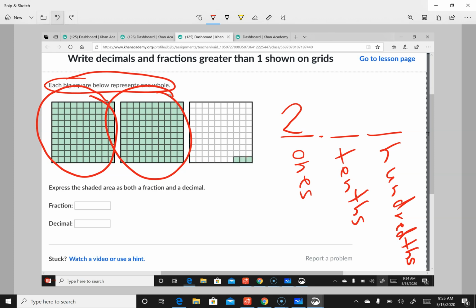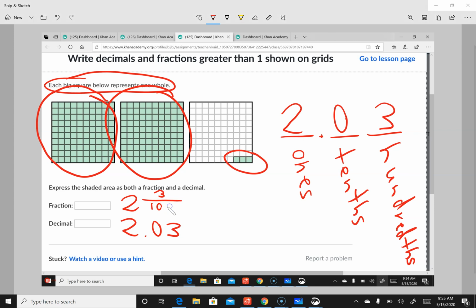So that means we're going to have 0 tenths, and we have 3 hundredths. So our decimal is 2 and 3 hundredths. It'll look like this: 2.03, 2 and 3 hundredths. And our fraction is going to be a mixed number: 2 and then 3 out of 100, 3 hundredths.